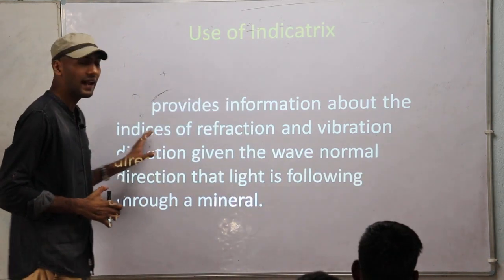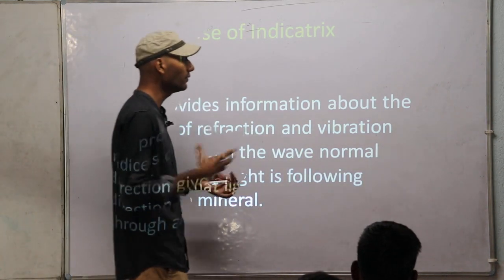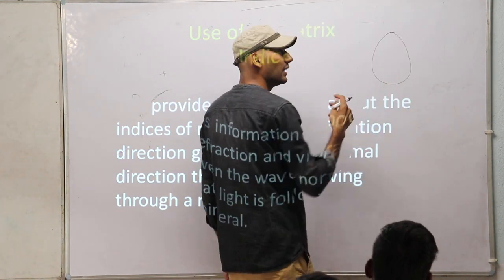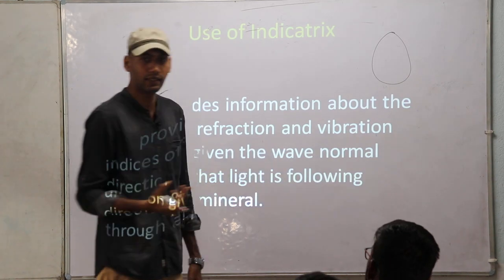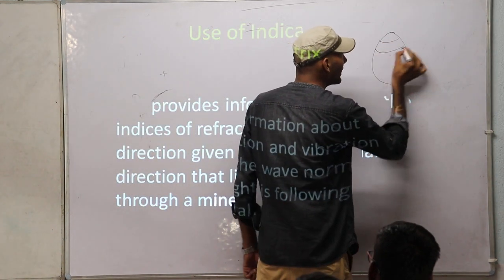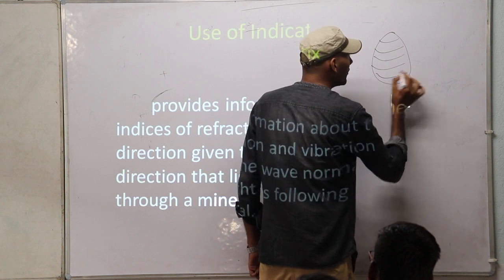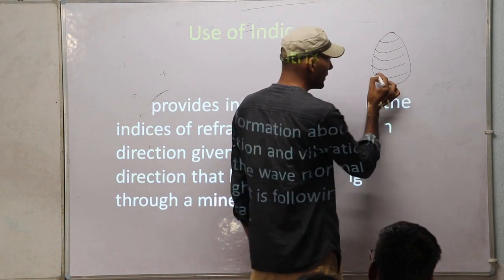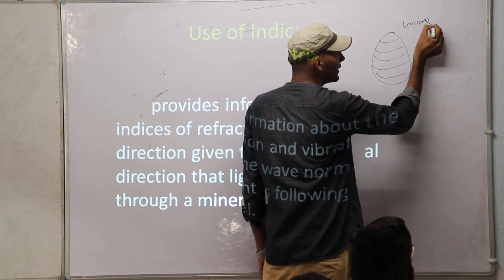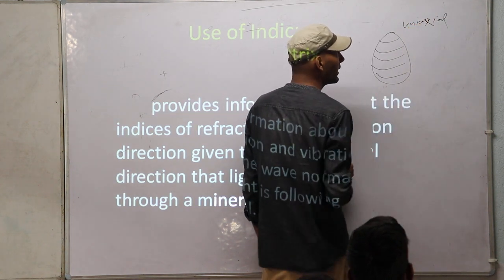So in any random section, let's say the indicatrix is like, we have defined prolate and oblate, prolate spheroid, oblate spheroid, right? So the indicatrix is like this. If you combine all the sections, these are circular sections for uniaxial. Let's say this is a uniaxial indicatrix.